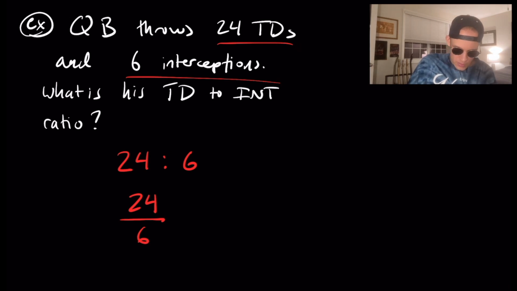And if you recognize that 24 and 6 both can be divided by 6, so I'm going to simplify 24 over 6 by dividing 24 by 6 and 6 by 6. That's going to give me 4 over 1, or 4 touchdowns for every 1 interception.